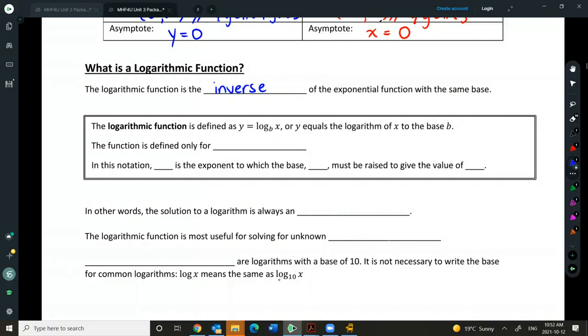So if I had 3 to the x, then the logarithm with base 3 will be the inverse of the exponential with 3 to the x. Okay, so as I said, we would have the logarithm of the base of x, and that will be the inverse of b to the x, whatever that b is.